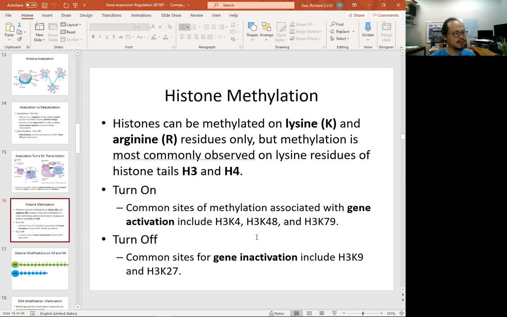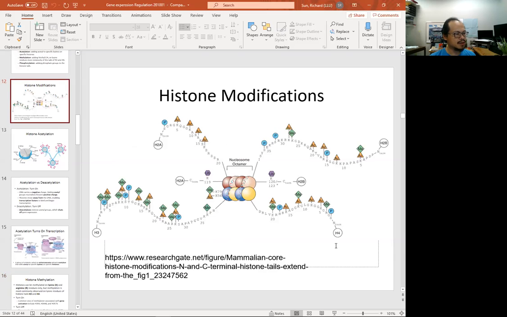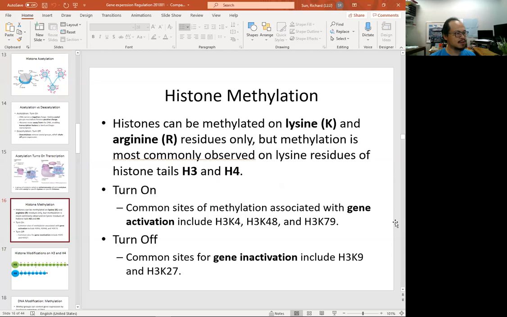So here it shows that if it's on the H3K4, this is H3, 1, 2, 3, 4, K4 right here, right? This is 5. So if this one is methylated, then it's turned on.